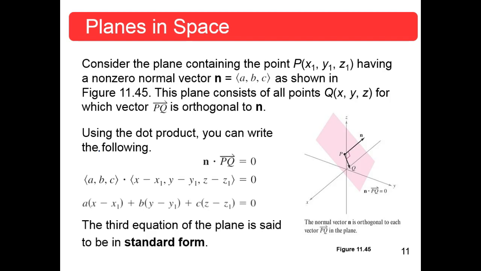If you have the normal vector to the plane, that becomes the coefficients of your equation in standard form, and then the components of your generic vector that's in the plane, x minus x1, y minus y1, that becomes the second part.